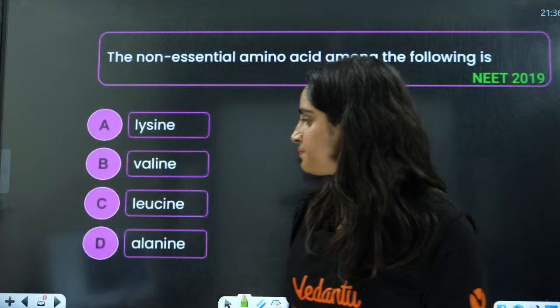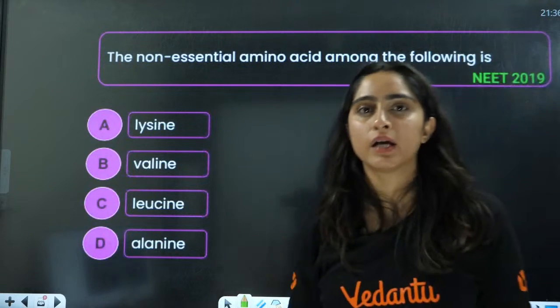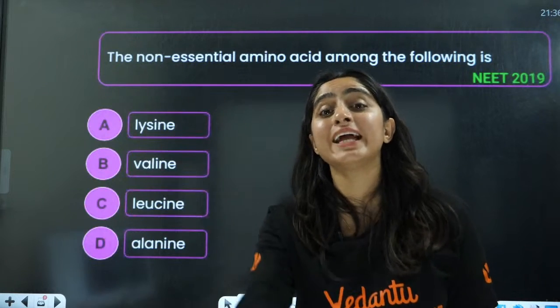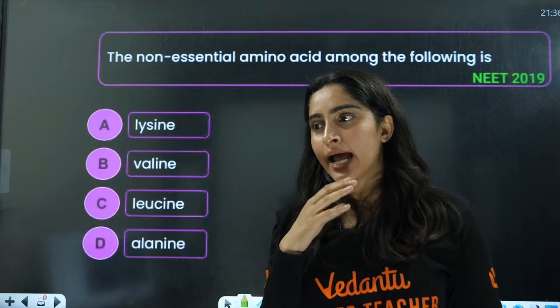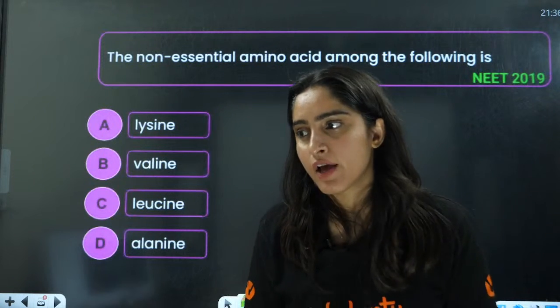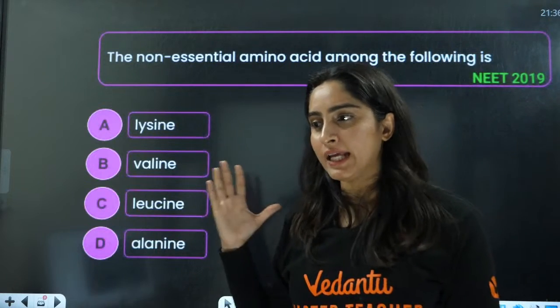The non-essential amino acid among the following, which your body does not need from outside, which your body actually generates itself, the amino acid that is produced by the body.